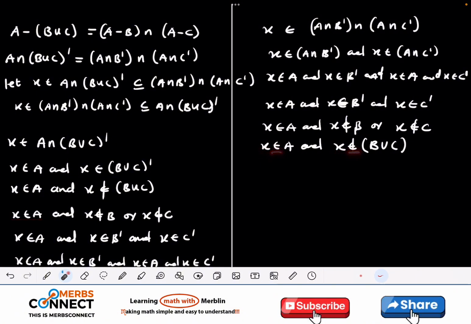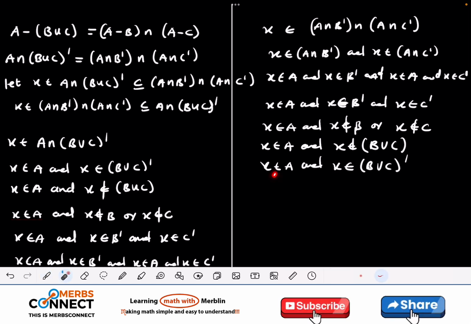So we need to make sure that this and this are the same. And if you go back to the question, you can see that we have B union C with a prime, which is here. So the prime is going to take care of this. So the next move is X belongs to A, and X is a member of B union C prime.